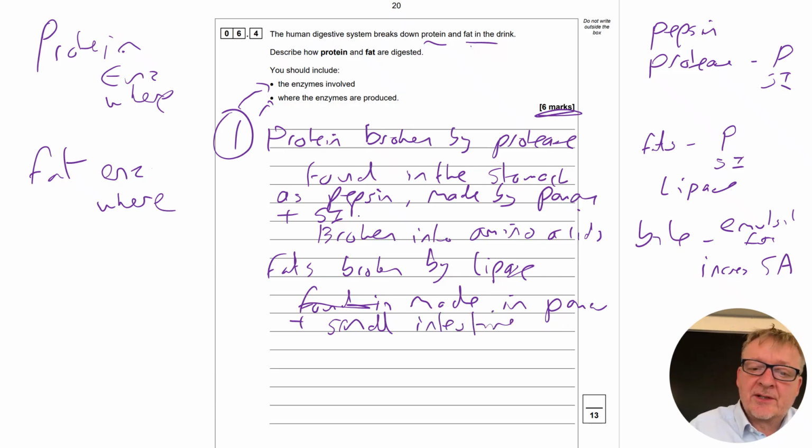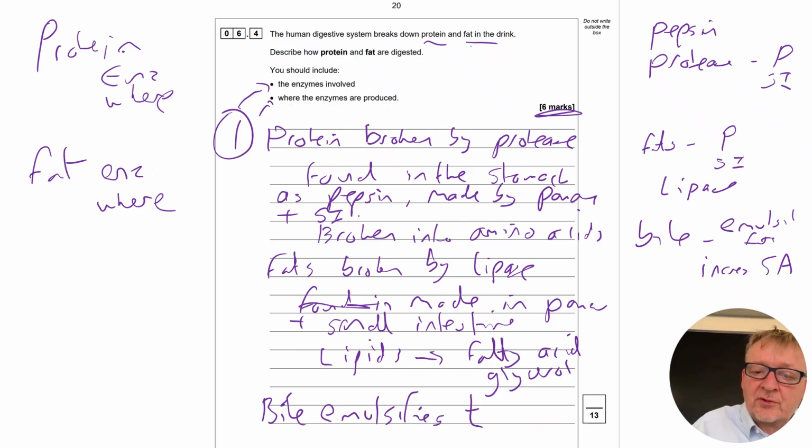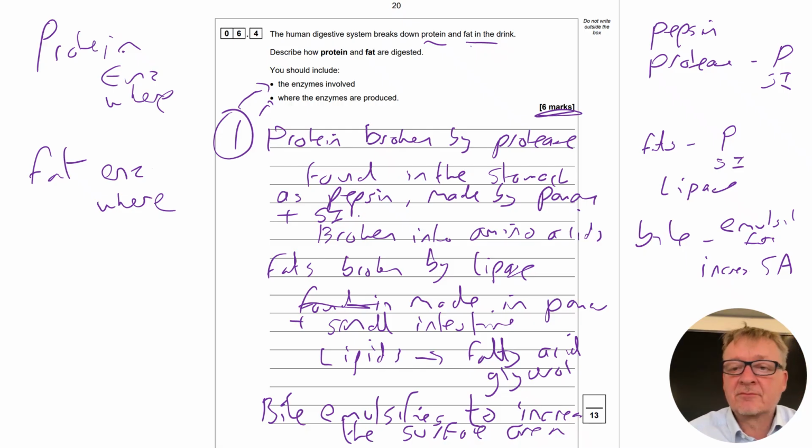Okay, and what they do is the lipids, which are the fats, are broken down by the lipase into fatty acids and glycerol. Bile emulsifies fats to increase the surface area, so then the lipase can work on it.